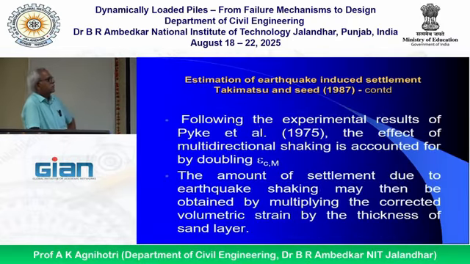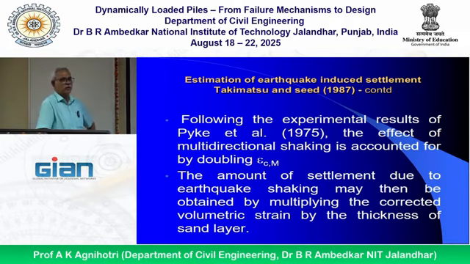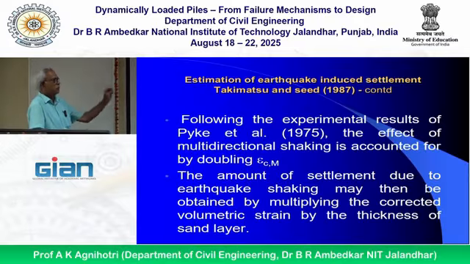Following the experimental results of Pike et al. 1975, the effect of multidirectional shaking is accounted for by doubling epsilon C. Whatever value we have obtained from those curves, we will double it, multiplying by 2. So we will consider the actual value as 2 into epsilon C.